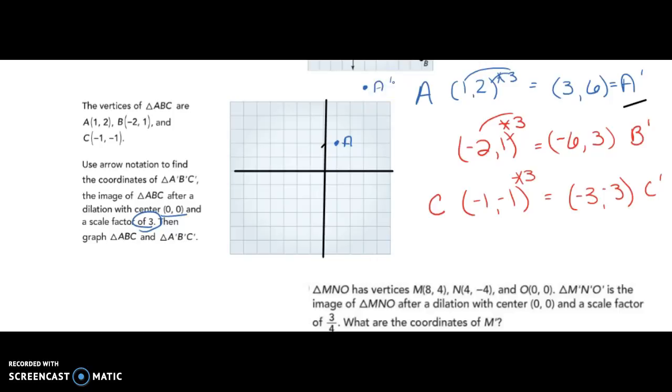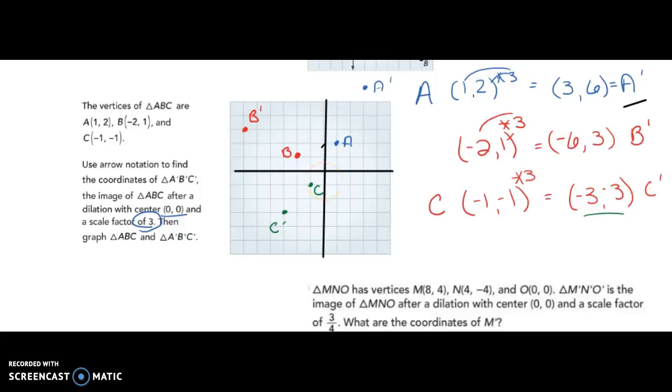Then I'm going to do B, which is (-2, 1), and B prime, which is (-6, 3). B prime, and then let's do C. C is (-1, -1), and C prime is (-3, -3).